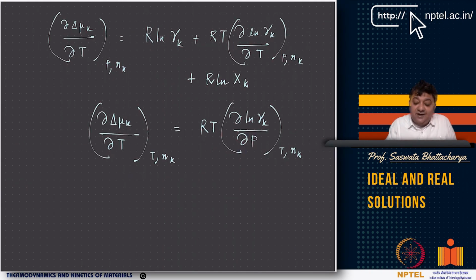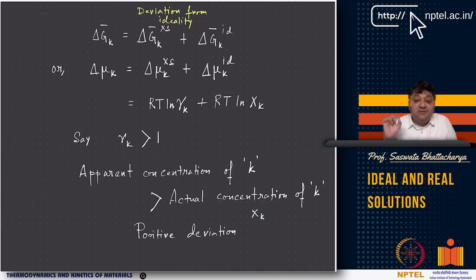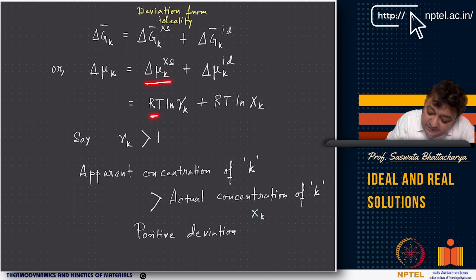Okay, so what I am trying to say here is that depending on the value of the coefficient, because remember this RT ln gamma K is the excess part. Now if gamma K is greater than 1, this is positive, so there is a positive deviation from ideality.